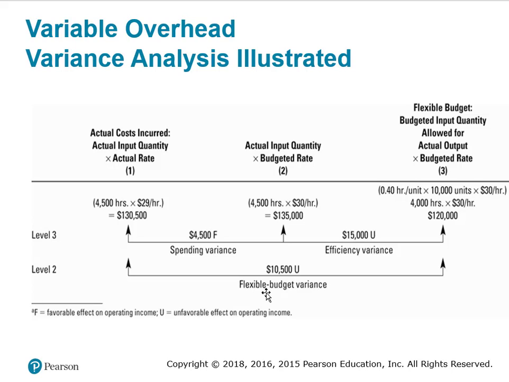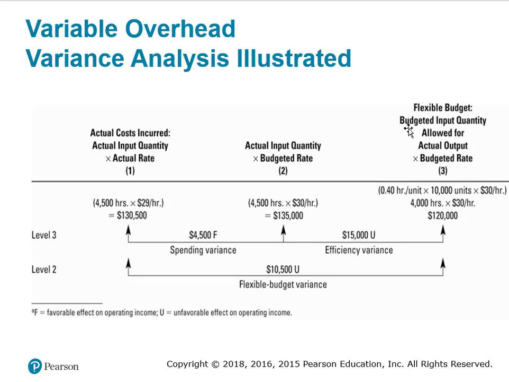This one here. Here is a good illustration of the variable overhead variance analysis. And here's our actual costs incurred. We have actual input quantity, 4,500 hours, times $29 an hour, which gives us $130,500. This was our actual input quantity and the actual rate. Now let's look at the flexible budget.